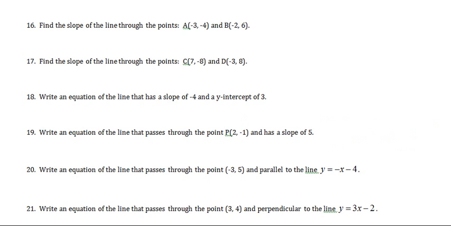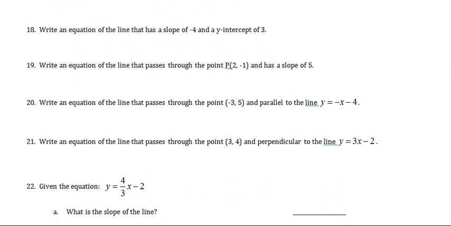Okay. Next one that we have right here says write an equation with a line parallel. So remember, parallel. What's the biggest thing that we need to know? Parallel has the same slope. So parallel lines equal the same slope that we have right here. So again, if the slope right here is really a 1 in front, the slope of the other line has to be a negative 1.